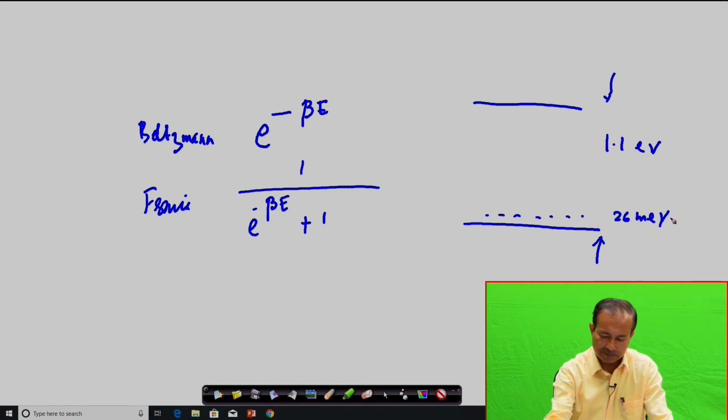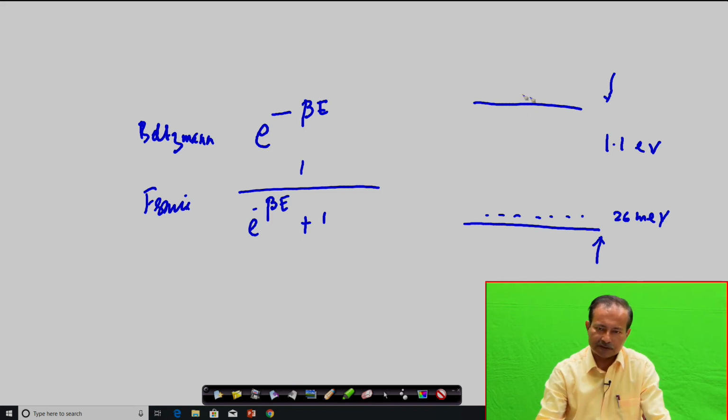Okay. So, of course, if you think classically, there is no way you can go up there, because the energy required to go up there is 1.1 eV, but this is not a classical system. So, now if you put these numbers in your Fermi function, then you will see that there is always a finite number that is available here. So, it is never 0.